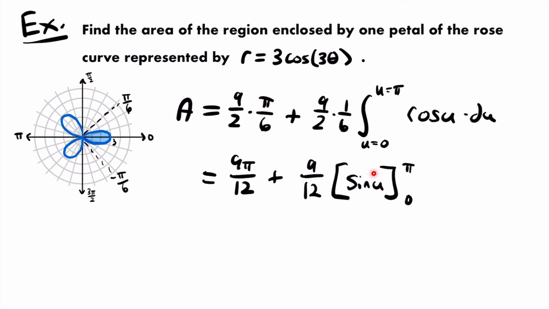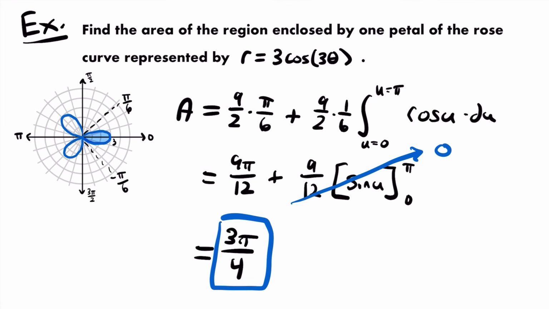So this whole thing will be 0 times 9/12, which will just become 0. So we're just going to be left with 9 pi divided by 12, which does simplify. 9 and 12 can be reduced by a factor of 3, and if we do that, we'll find that the area is equal to 3 pi divided by 4. 3 pi divided by 4 is the area of one petal of the rose curve represented by this polar equation.